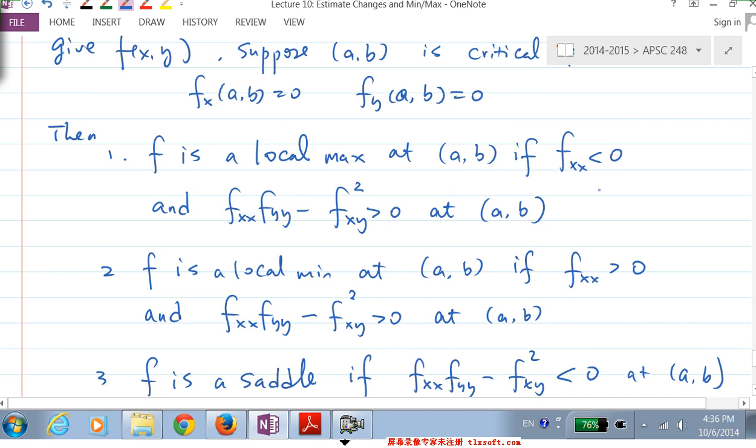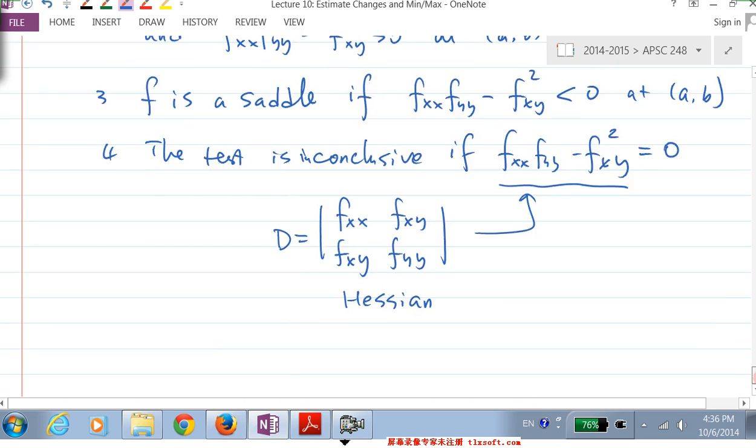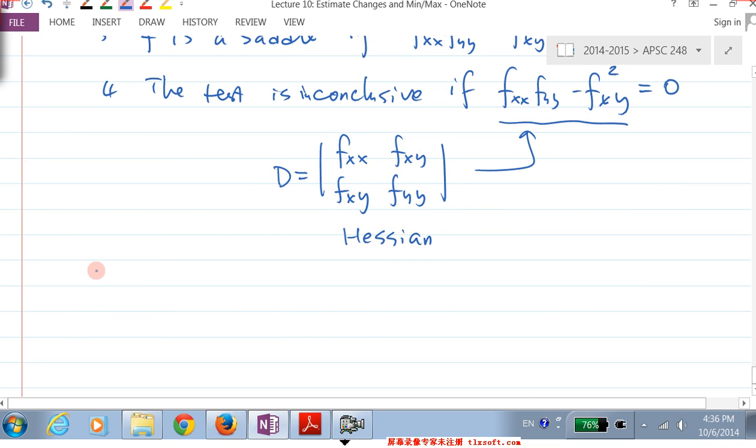Think about the function of a single variable. Let me write it down here.